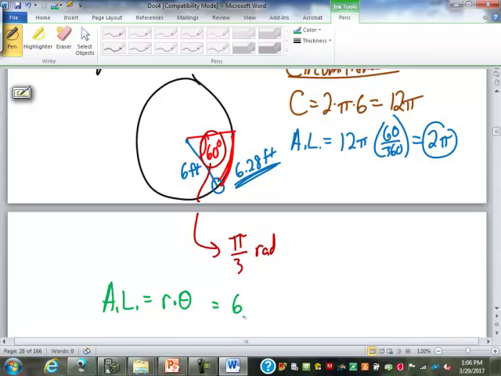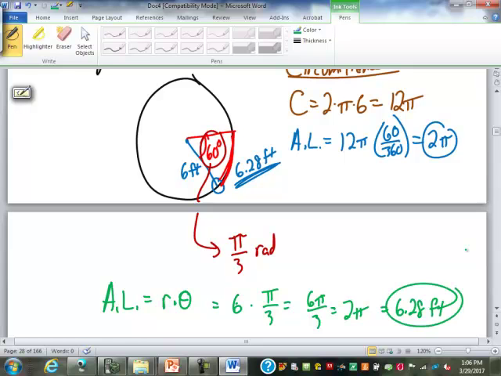We have a 6-foot radius times pi over 3. 6 times pi over 3 is 6 pi over 3, or 2 pi, or 6.28 feet. Make sense?